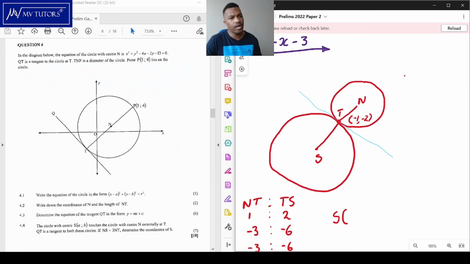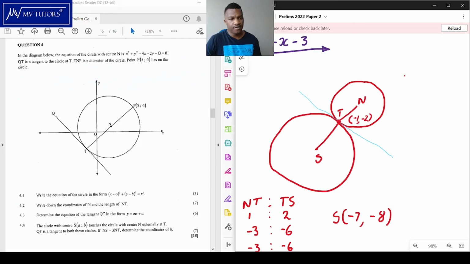So from -1 we subtract 6: -1 -6 is -7. And from -2 we subtract 6 again: -2 -6 is -8. So that is the coordinate of S.